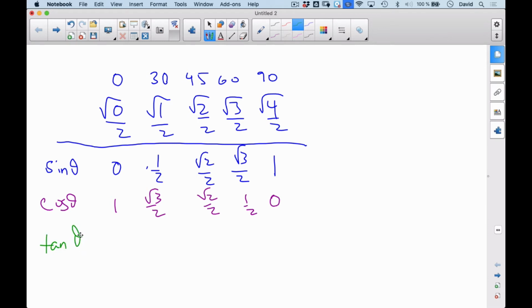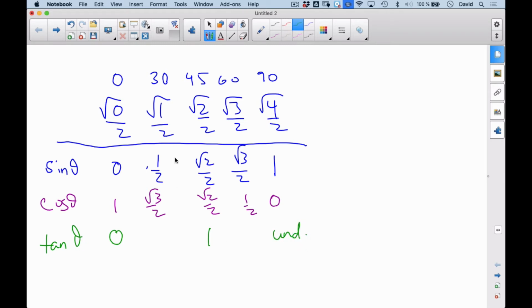And one of the properties of tangent, tangent's equal to sine divided by cosine. So if I go 0 divided by 1 is? 0. I'm going to skip 30 for a moment. What's root 2 over 2 divided by root 2 over 2? I'm going to skip 60 for a moment. What's 1 divided by 0? Undefined. That one's undefined.